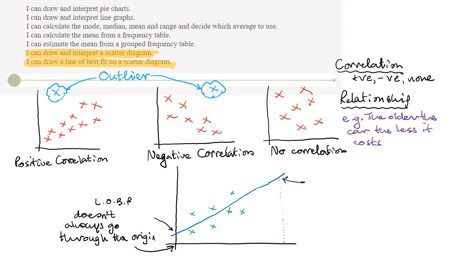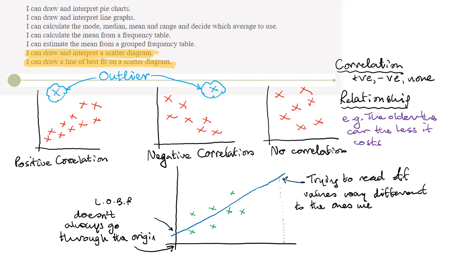Okay, so we'll just say that trying to read off values way different to the ones we've been given are not reliable, because I've said values.